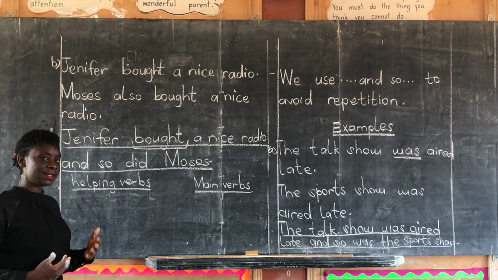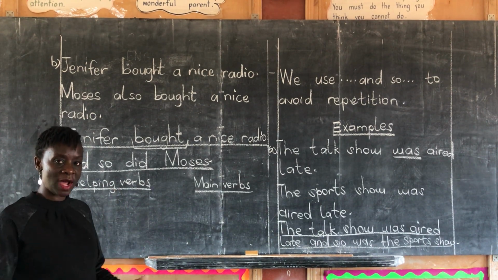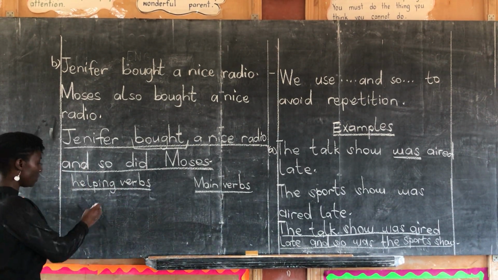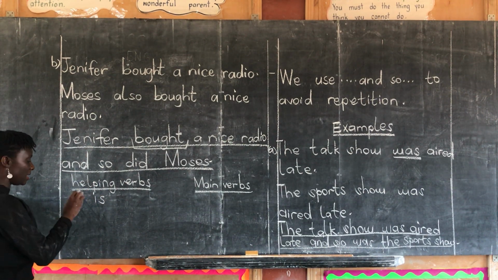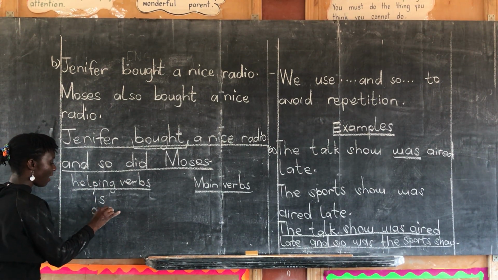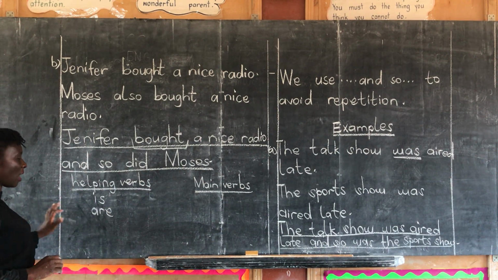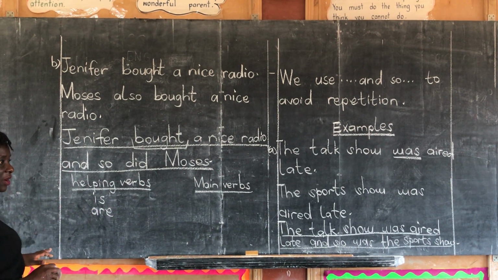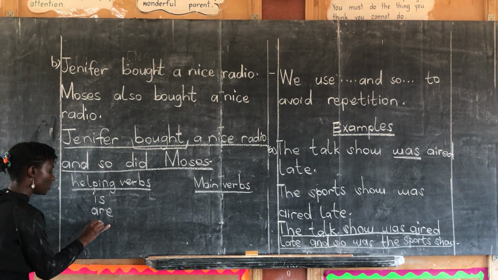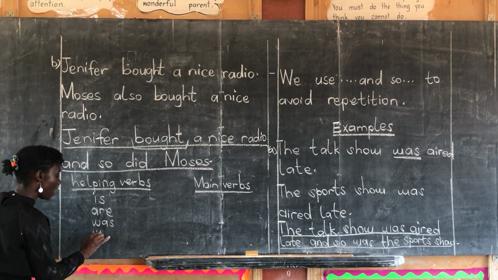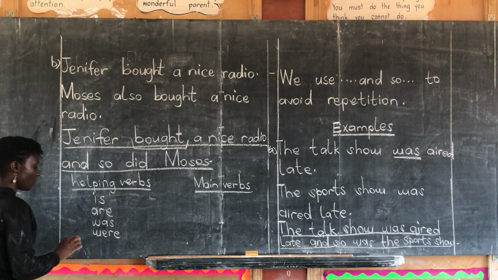And different tenses have different helping verbs. So I'll write down some of the helping verbs here. Is, are, these ones are commonly used with the present continuous tense. We have was, were for the past continuous.